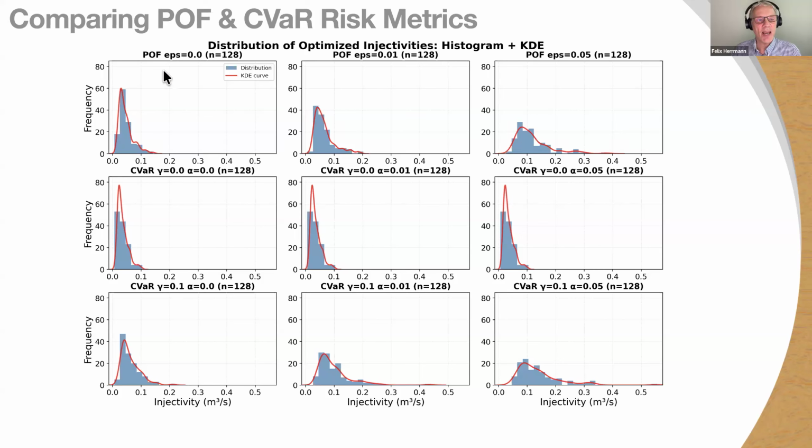And so you can play with, allowing for some transgression, right? And you can see that then you move to the right. That's with the POF. And with the CVaR, you have two parameters. You have the gamma and you have the alpha. And the alpha plays a role similar to the epsilon. So you move to the right. To the right is good because you will inject more. So you make more money, but you may exceed, right?